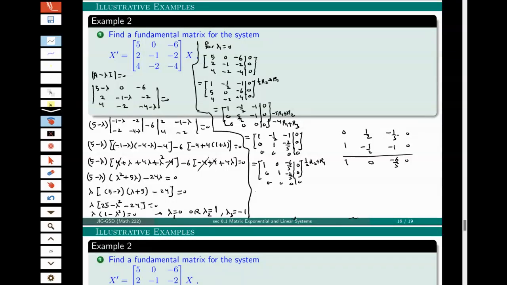We can stop here because K1 is equal to 6 over 5 K3. So we choose K3 to be 5. And here we have K2 is equal to 2 over 5 K3. So what we will get, the eigenvector, K3 is 5, K2 will become 2, K1 will be 6. So I have 6, 2, 5.